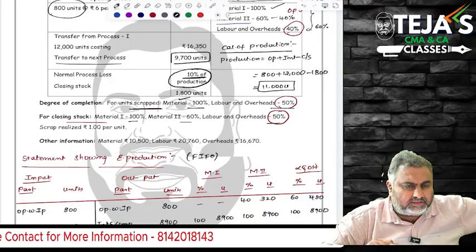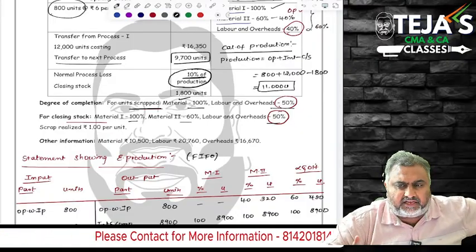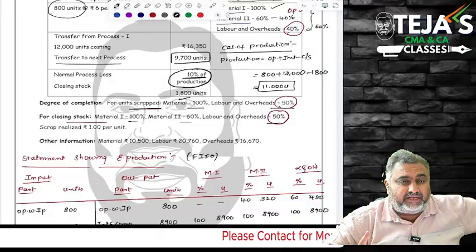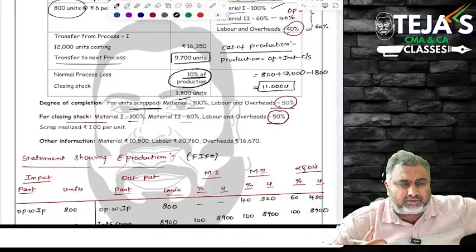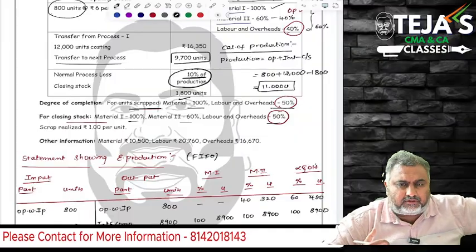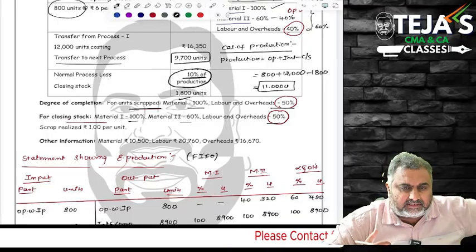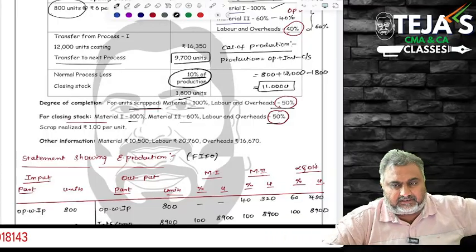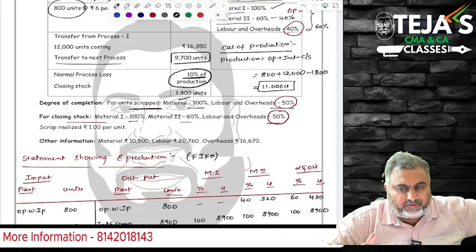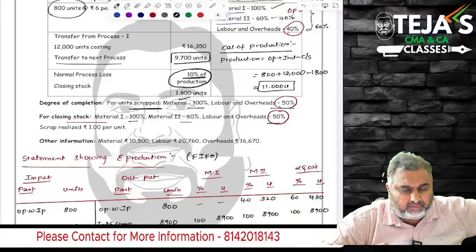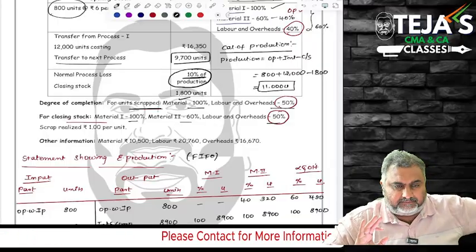Why? You didn't produce those goods. Sir, abnormal loss also not produced. Now then why you are taking degree of completion? Sir, because of my negligence, how much quantity I lost, because of that how much cost I need to transfer to P&L account. If I want to find out all these things, I need to consider the degree of completion. If question point of view no information was provided, means we are taking 100%.